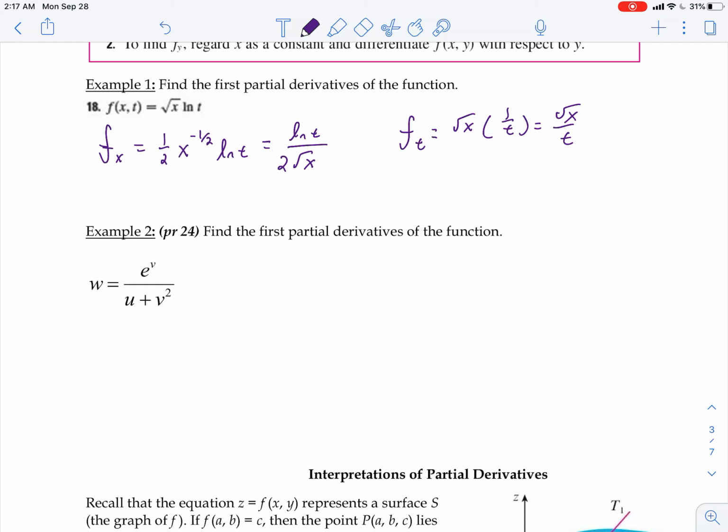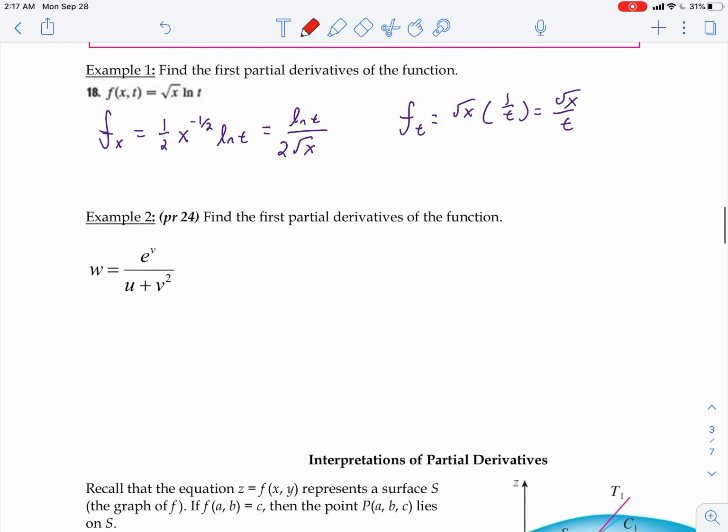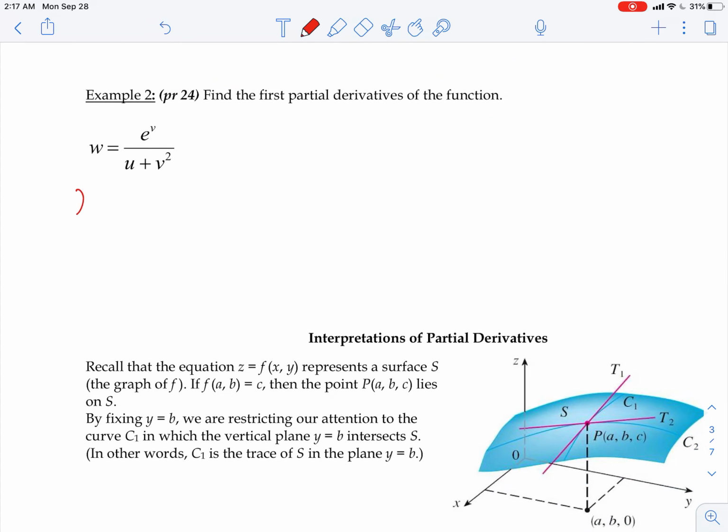All right, next one, find the first partial derivatives of the function. Here we have the function w. Here I'm just going to use the other notation, instead of saying w sub v and w sub u, I'll write the partial of our function with respect to, let's do v first. Here we have a quotient rule because we have v in the numerator and the denominator.